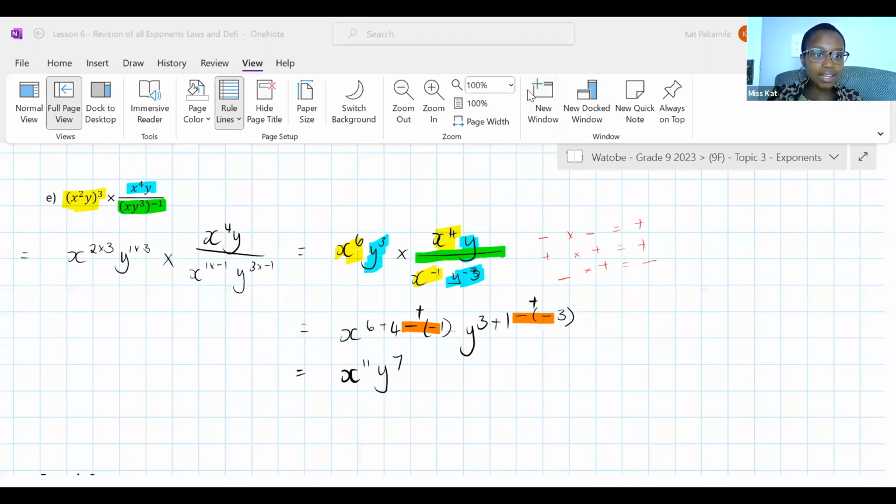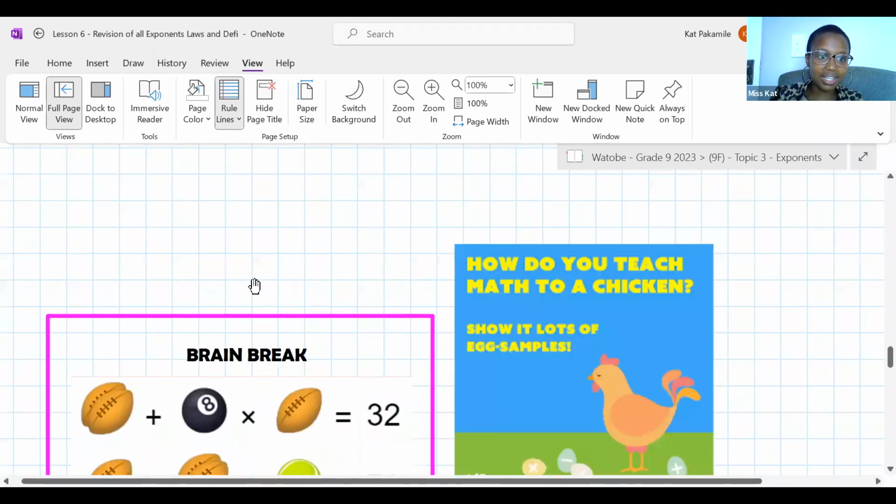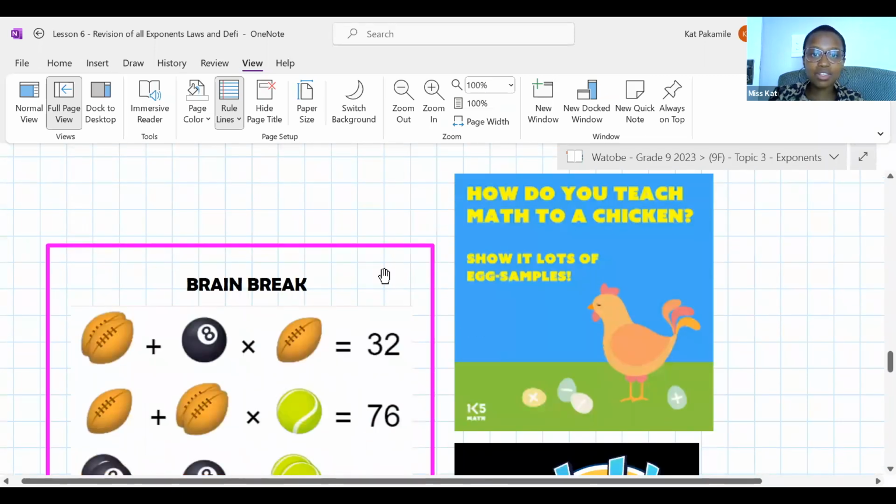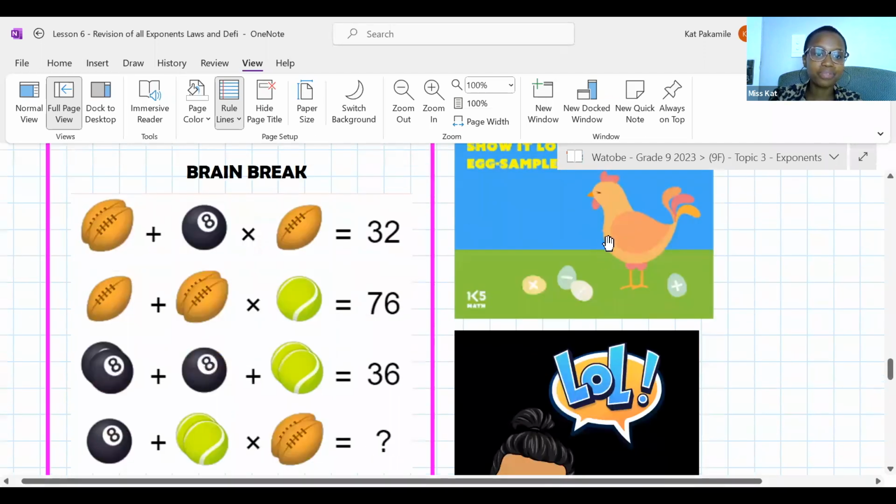What about a brain break? Okay, I'll do a brain break because you asked for it. Where is Mr. Brain Break? There it is. First, we have our joke. How do you teach math to a chicken? You showing a lot of examples, guys.